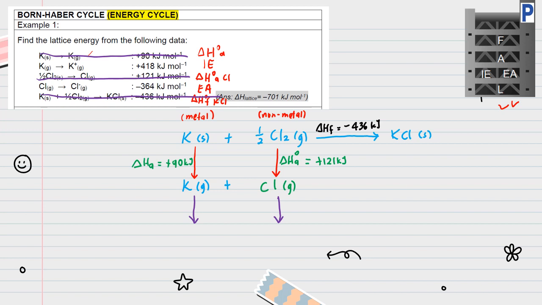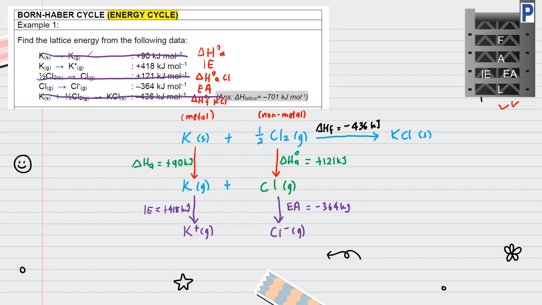So daripada K gas dia bertukar menjadi K plus gas. So this one adalah ionization energy. So nilainya adalah sebanyak positif 418 kJ. So next this one dia akan turun kepada electron affinity menjadi Cl minus gas. So nilai entapinya equal to negatif 364 kJ.